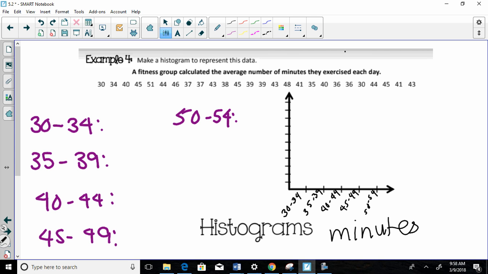And this is talking about the number of people. And so you can set it up like I did and then do the same thing with the check marks. I'll pause this real quick so no one has to wait.